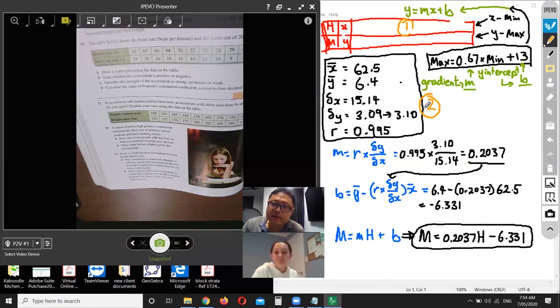Step 3 was find your M and your B, your gradient and your y-intercept. Step 4 was basically take a dish out of the oven.